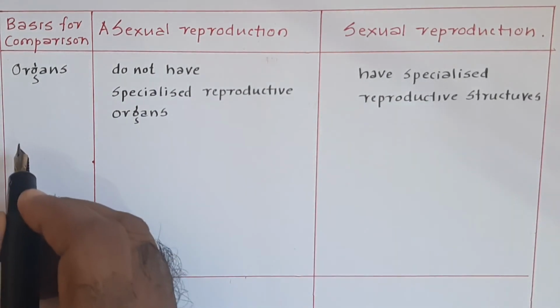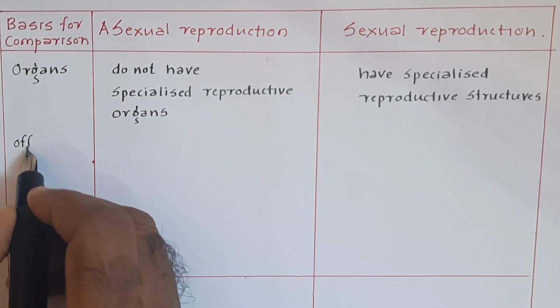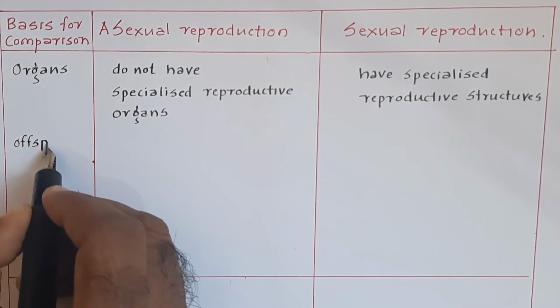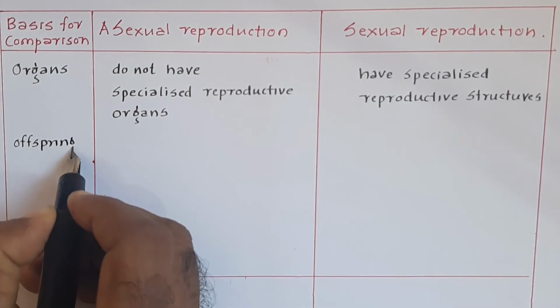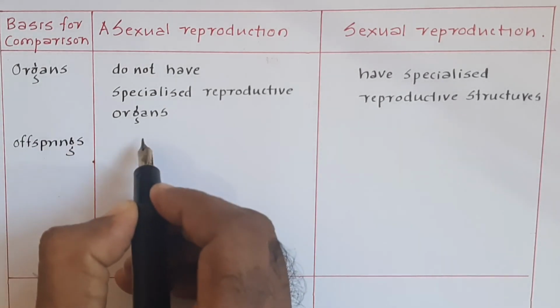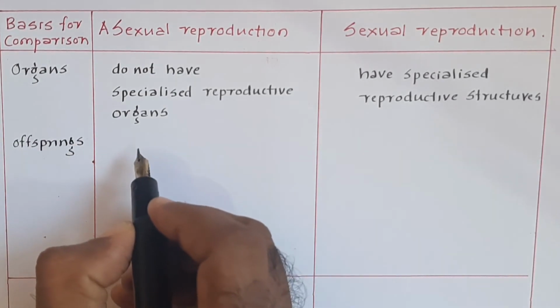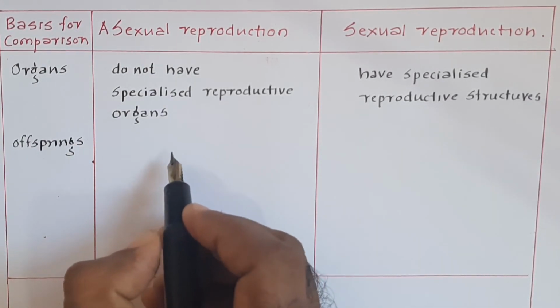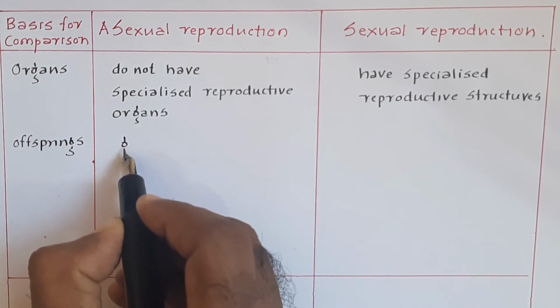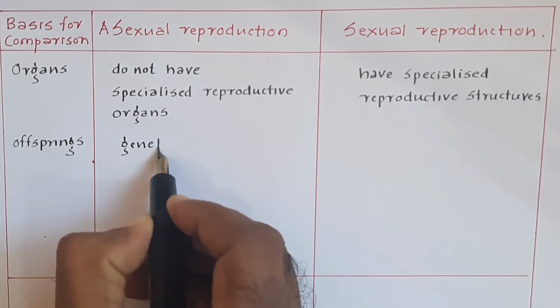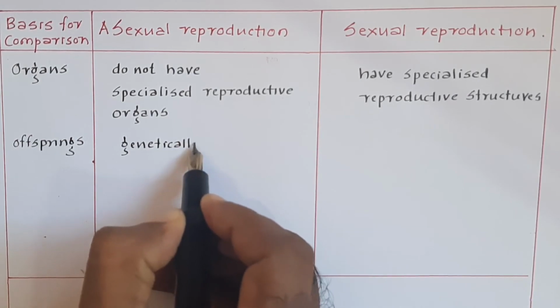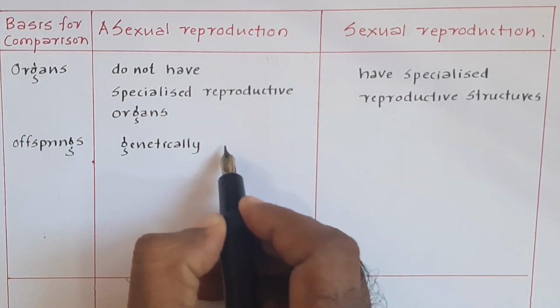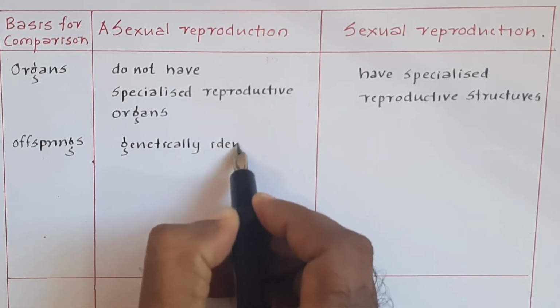Then next one is about offsprings. So here the offsprings formed by asexual reproduction are genetically identical. So important one, genetically identical, remember.